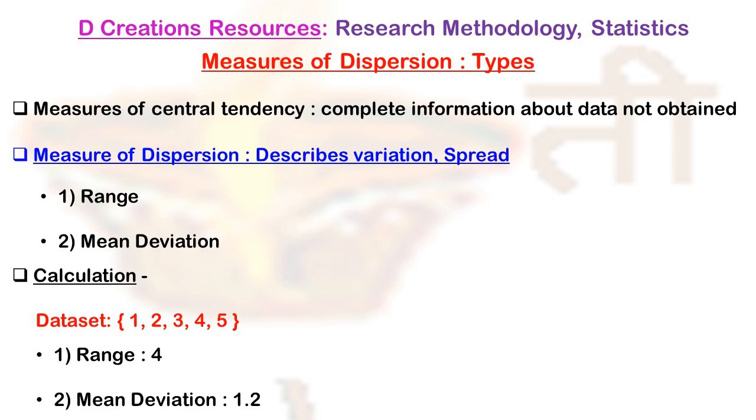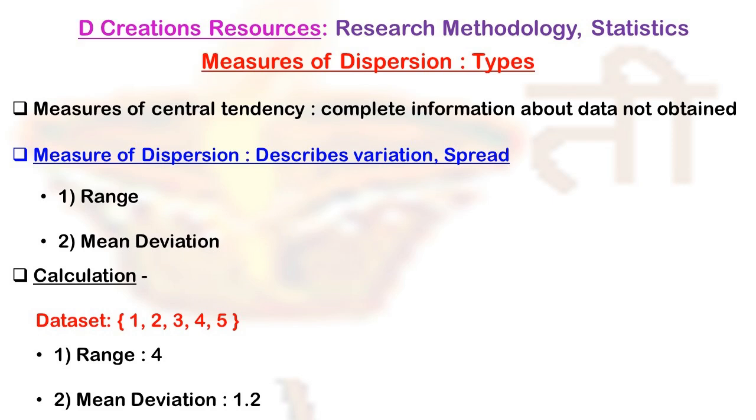So, summation of i going from 1 to n of mod of xi minus A, the whole thing divided by n, where n is the number of values. Just like mean deviation can be taken around the mean, you can also take mean deviation around the median.